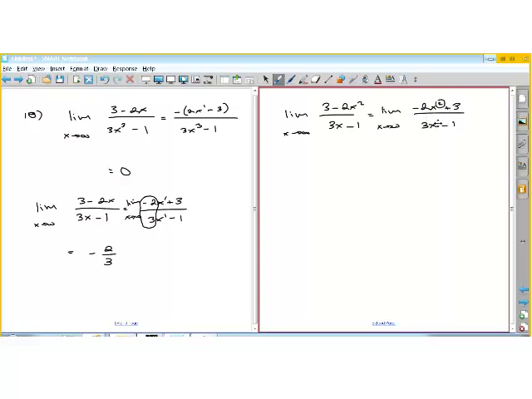This has an exponent of 2. This has an exponent of 1. Therefore, the answer is it does not exist. Or you could say negative infinity if you wanted to give a number, because it's negative because this coefficient is negative.